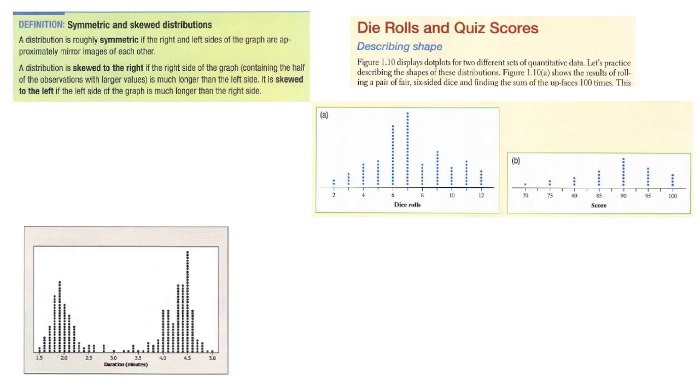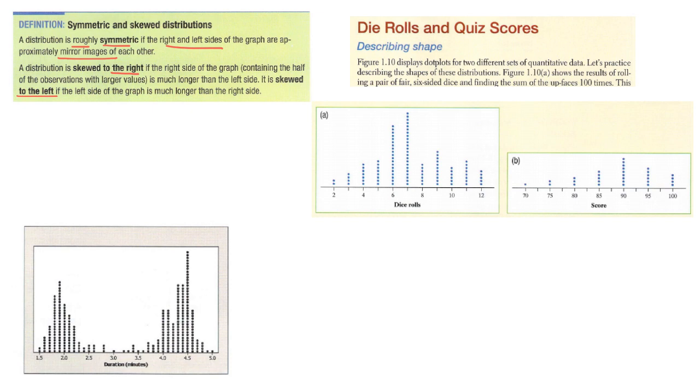Looking a little bit closer at shape, we can describe our shape as being roughly symmetric, where the right and left sides are approximately mirror images of one another. We can also talk about skewing to the right side versus skewing to the left side. I apologize for all the bells.